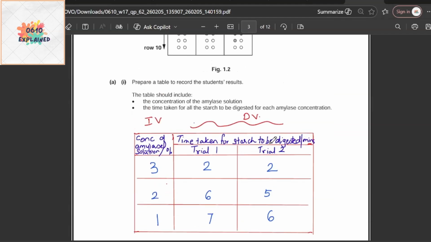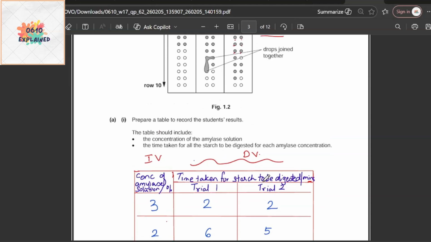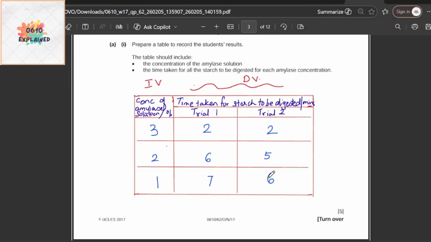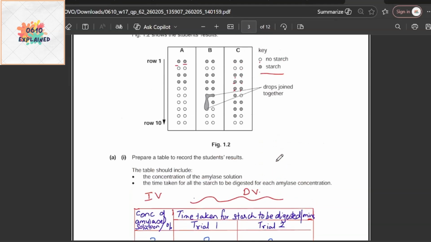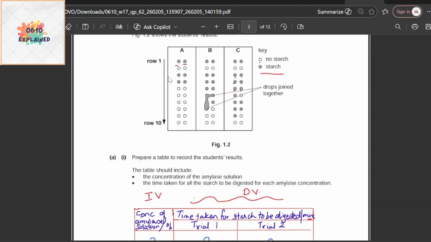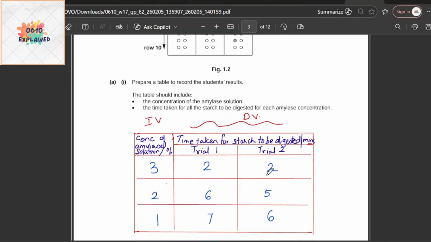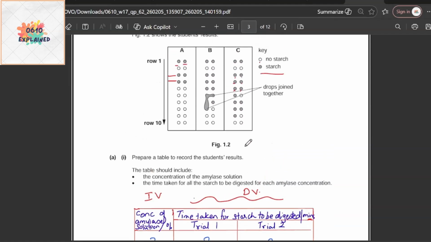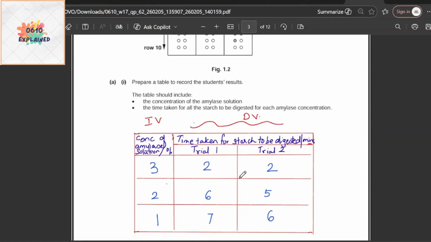That is the time taken for the starch to be digested, which is recorded in minutes. Trial 1 and trial 2 were conducted. So here we are going to measure the timings that are seen. On row A you can see 1 and 2. So that's how I have written it as 2. Then for trial 2, again the result was the same.